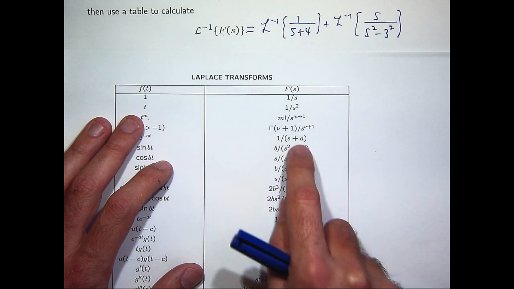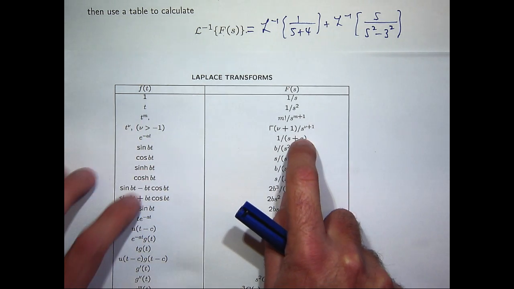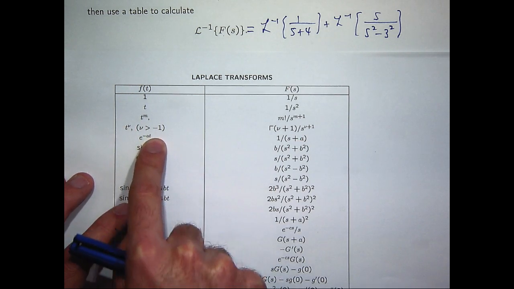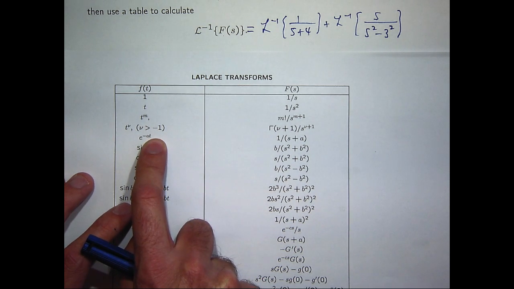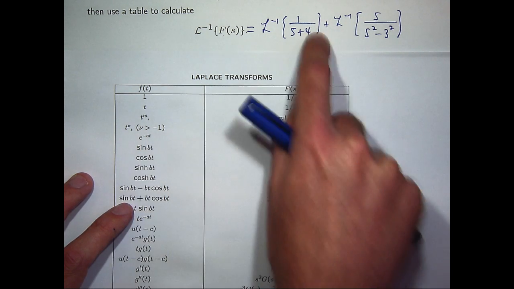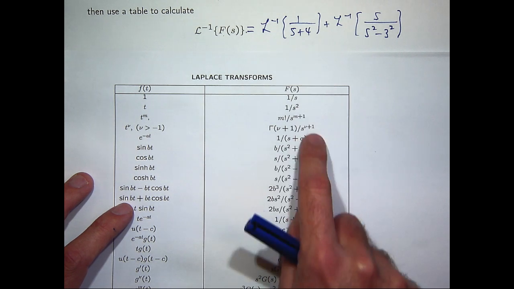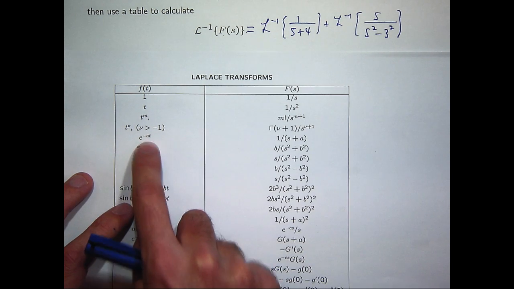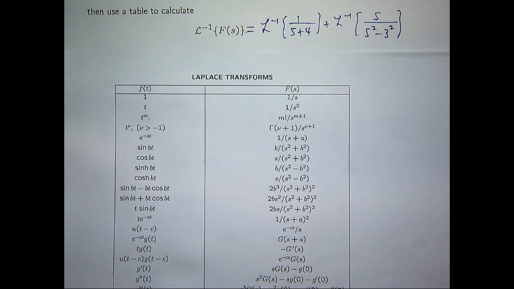So 1 on s plus 4 is that, just with a equals 4. Then look across to the left-hand column to find the inverse transform. In this case, a is positive 4, so the inverse transform of that will be e to the minus 4t.